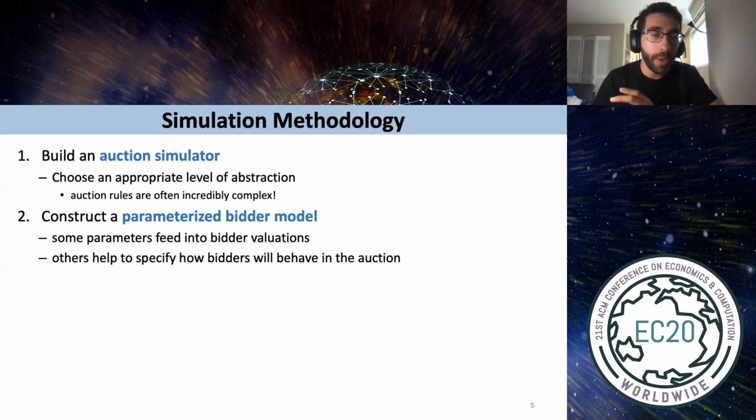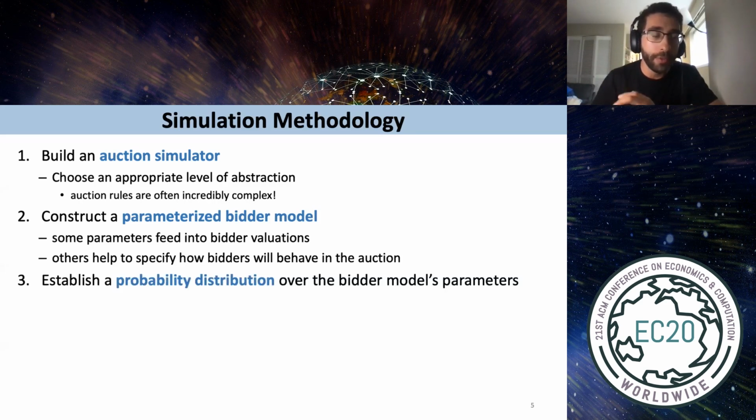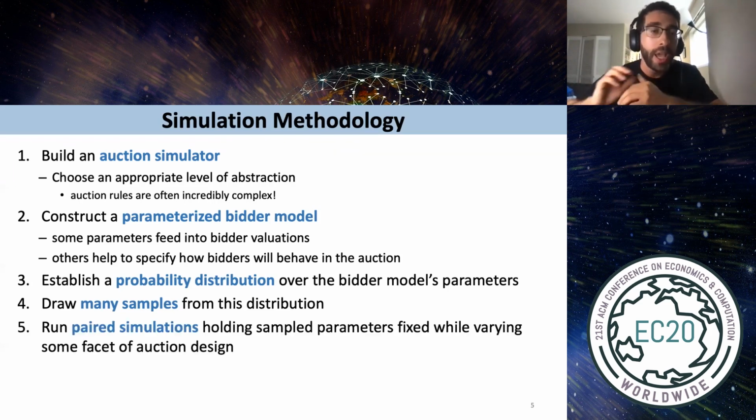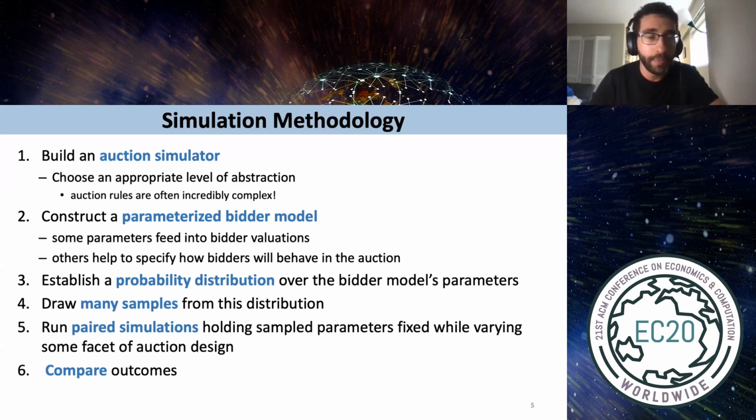Once you have these parameters set up, you need a way to sample from them. Once you can do this, you can sample many bidder value profile pairs and run simulations holding one aspect of the design fixed and changing some rule of the auction design. And lastly, you want to compare the outcomes that come from these paired simulations.